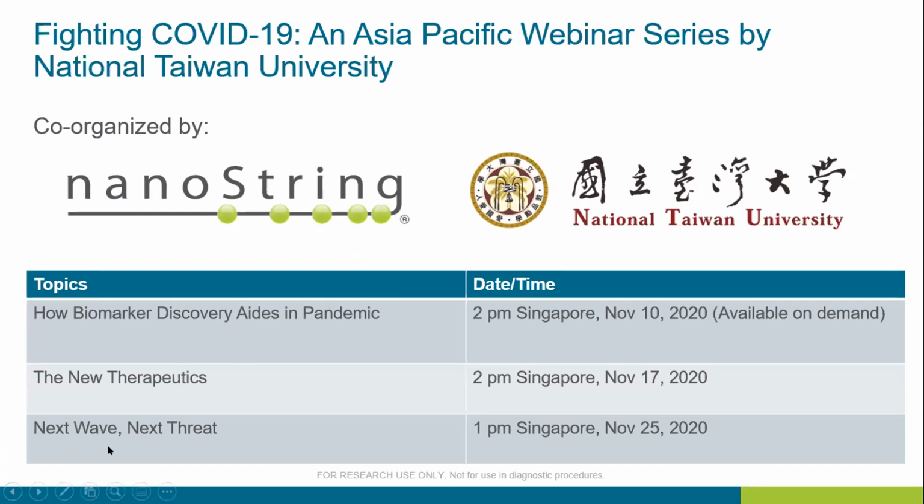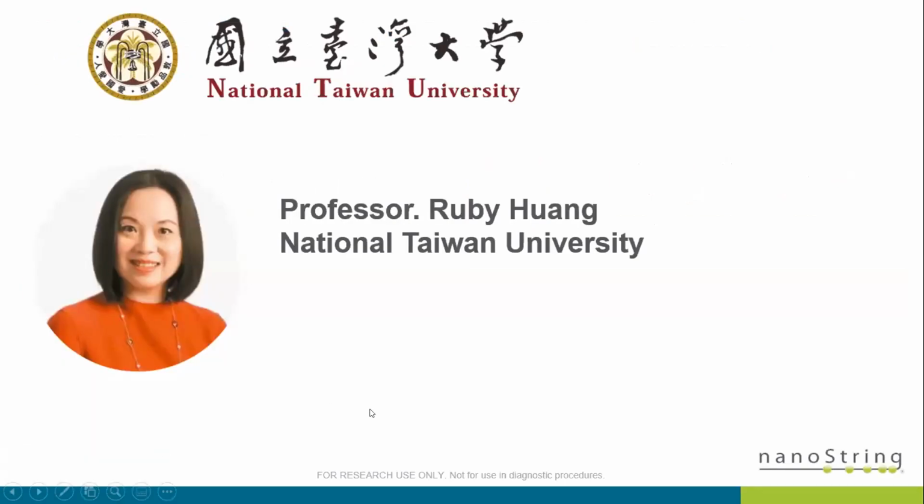Thank you everyone for tuning in for this webinar series. I'm Ruby Huang from National Taiwan University. So at NTU, we have started this initiative of a research center for epidemic prevention science research, funded with the support of the Ministry of Science and Technology in Taiwan, hoping to address not only this COVID-19 pandemic, but also how we accelerate scientific research and international collaboration in emerging infectious diseases.